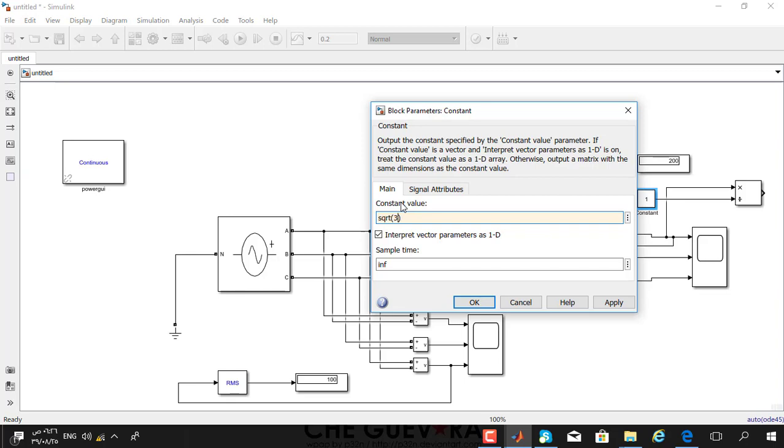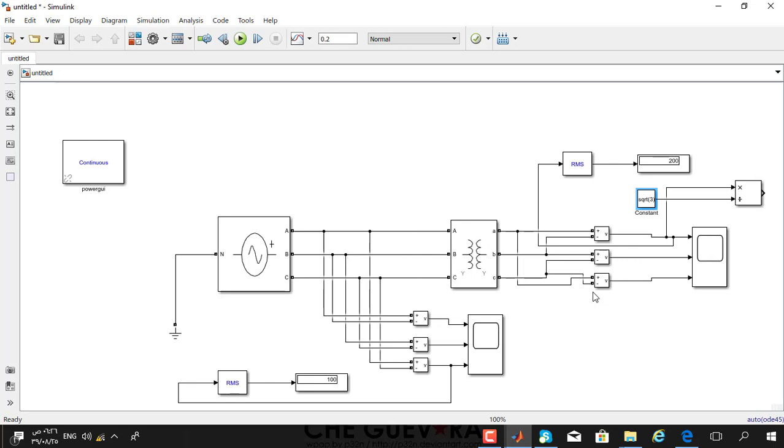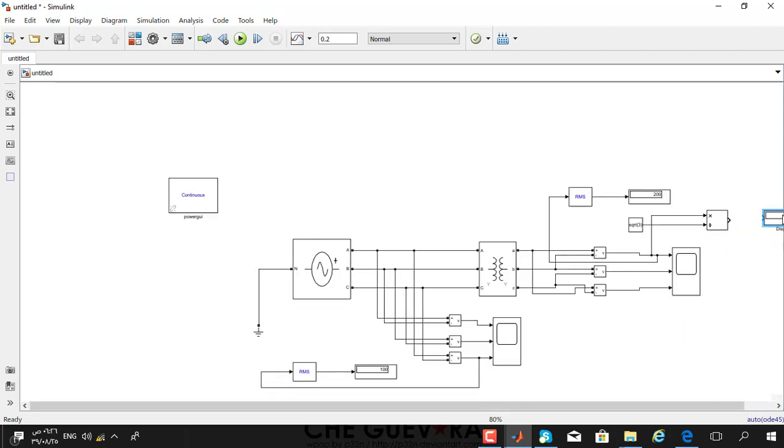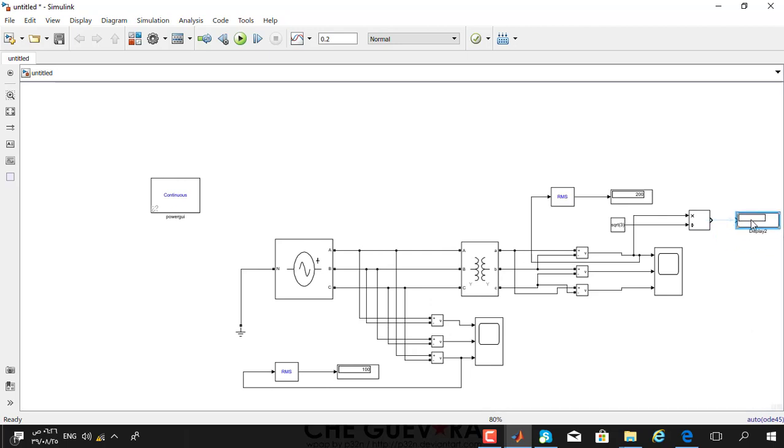Apply and OK. Now we need a display to show the value for the phase voltage. Control C and Control V. Let's make it here, and we connect it. Bismillah, we run.